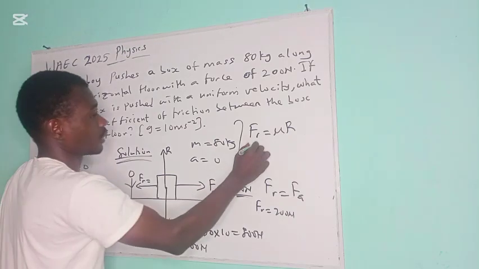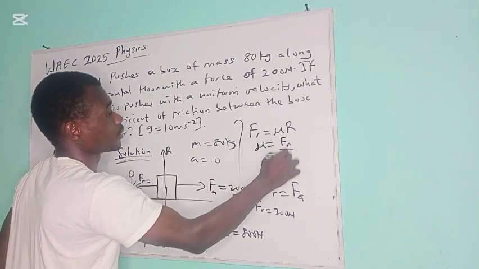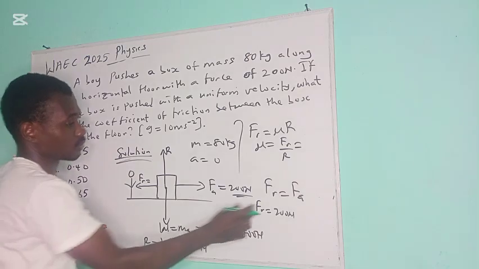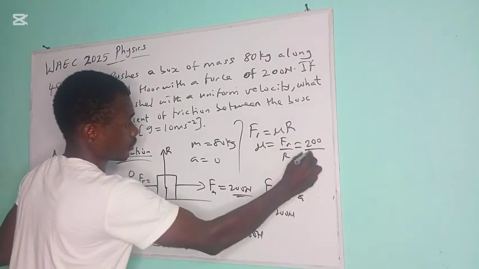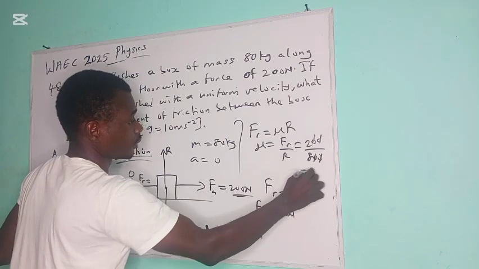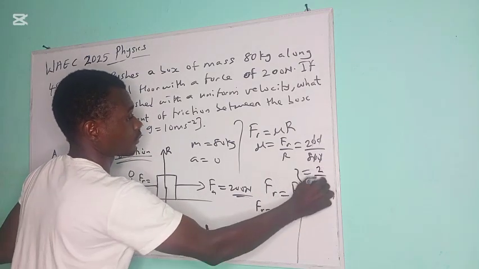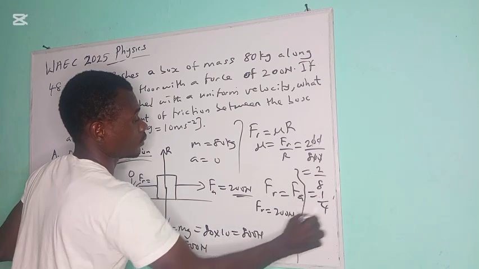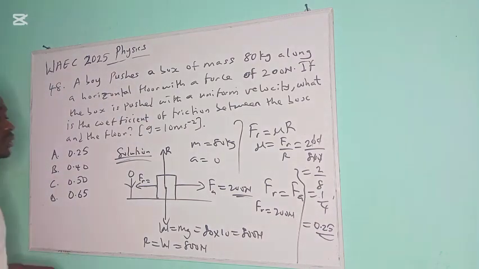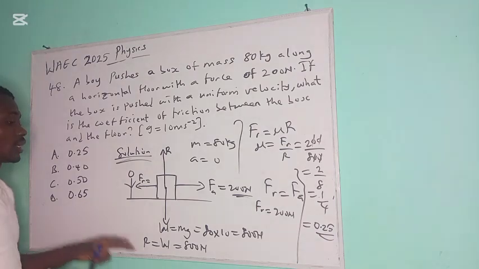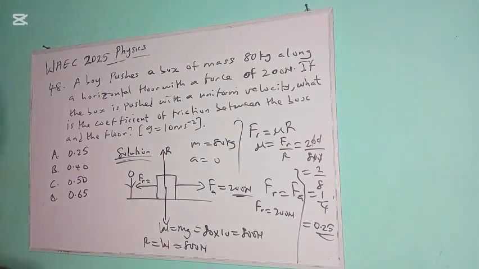So you substitute: the coefficient of friction is 200 over the normal reaction, 800. Cutting this, you have 1 over 4, which is 0.25 if you divide it. So that is the coefficient of friction between the box and the floor. The answer is 0.25.